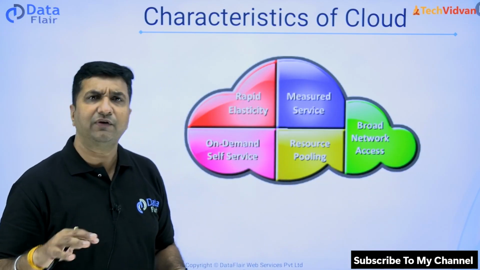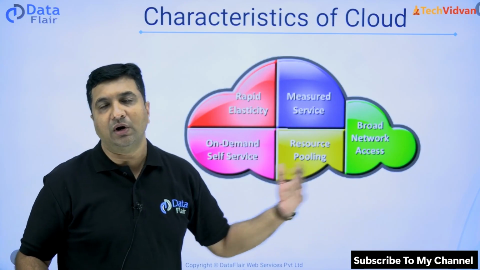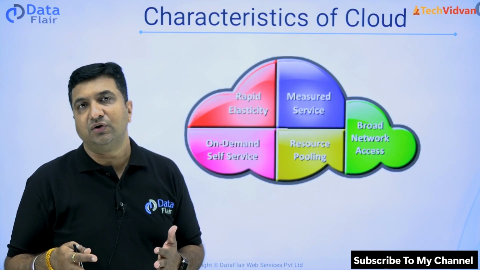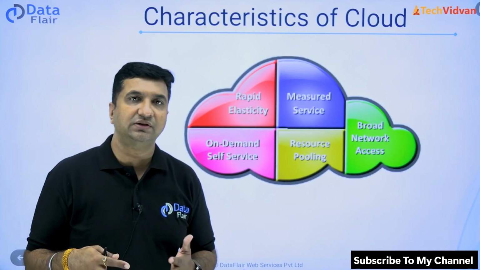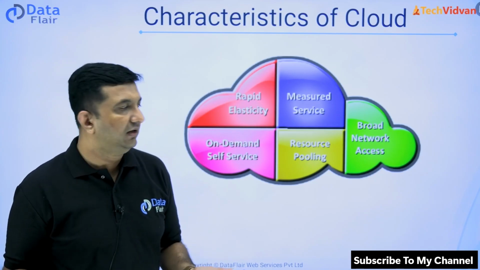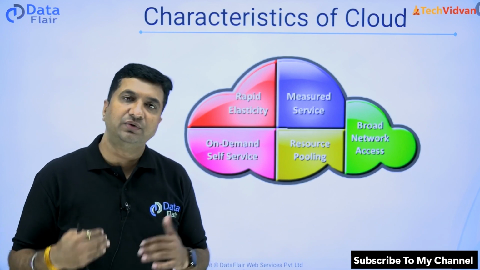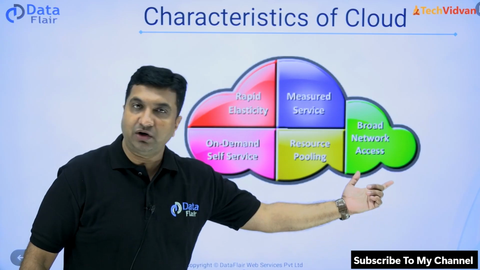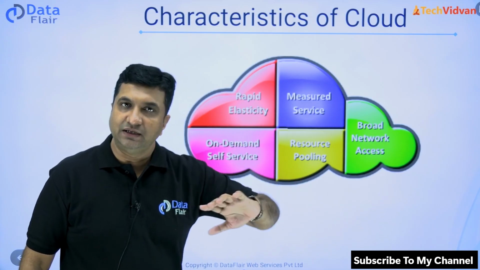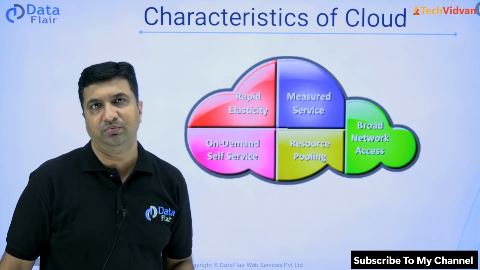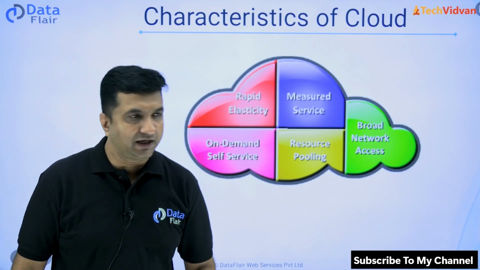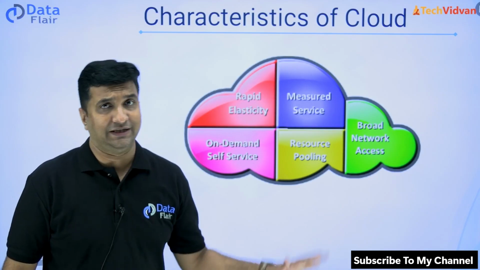That means from anywhere. Let's say for example, you are here in India and you have got the infrastructure for your application in the Indian region, and you want to access it from the US region, or maybe your clients are in the US. With the help of broad network access, clients or customers all over the globe can access your infrastructure from anywhere, at any time, with any capacity.